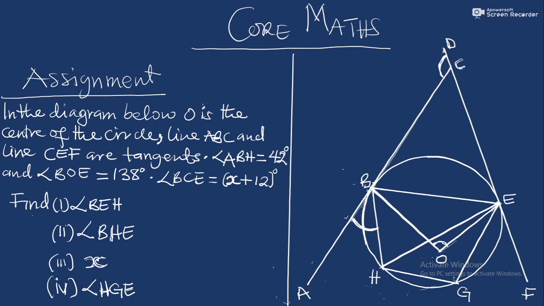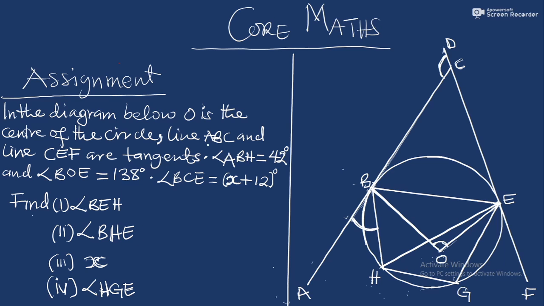Angle BCE equals x plus 12 degrees, and we're to find I, angle BEH, II, angle BHE, III, x, and then IV, angle HGE.